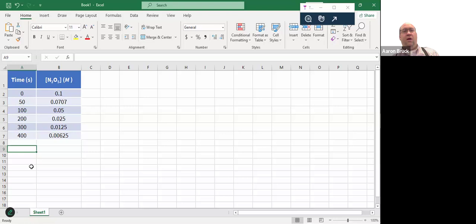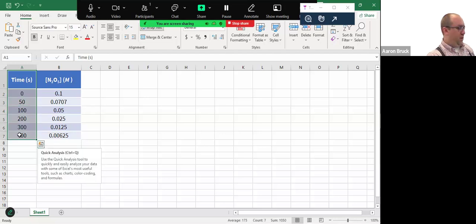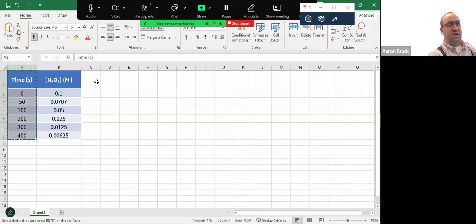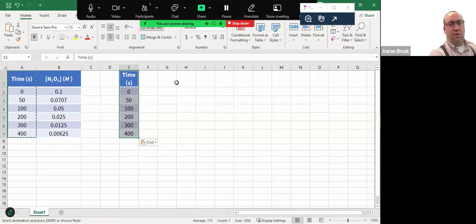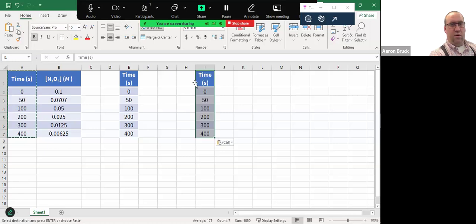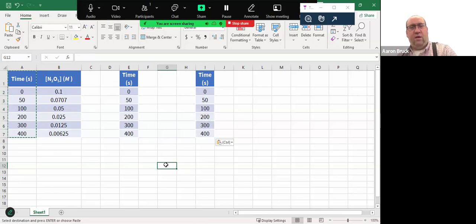Now, ultimately here, we're going to have to make 3 graphs. So once you've got the data in, what I would do is I would copy and paste the time column to make the creation of the second and third graph a little bit easier.